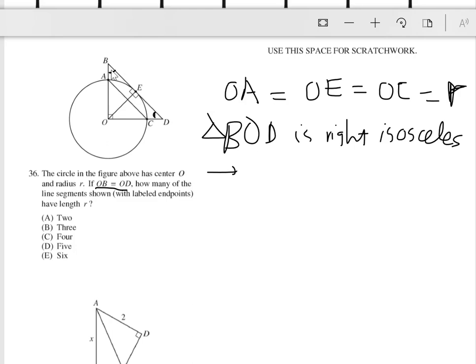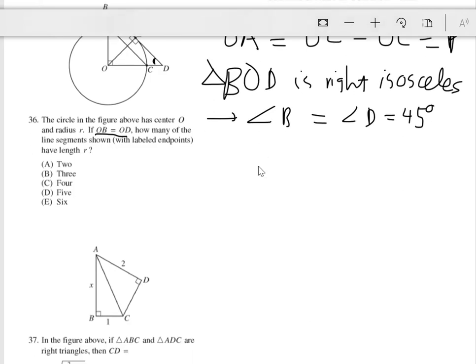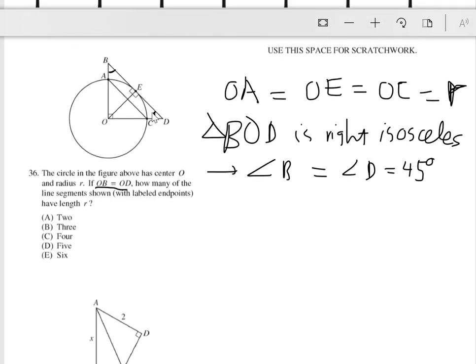So each of B and D is half of 90 degrees, which is 45 degrees.